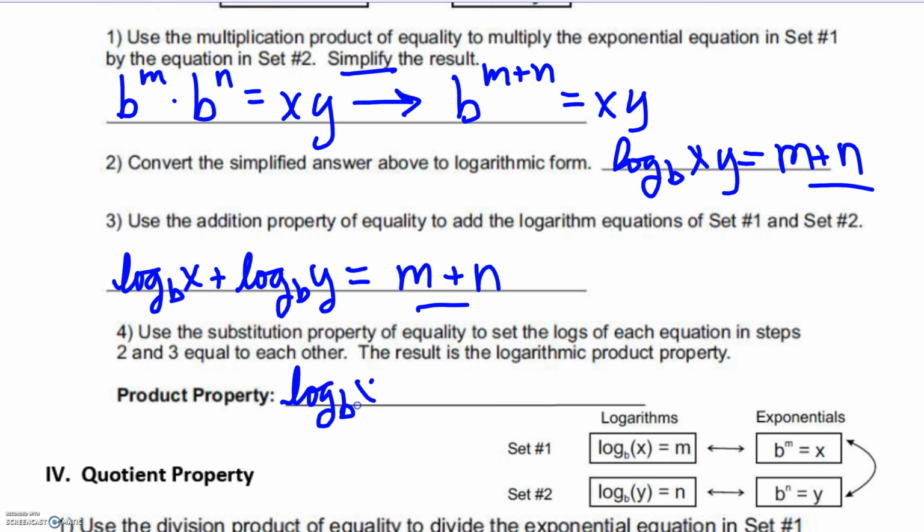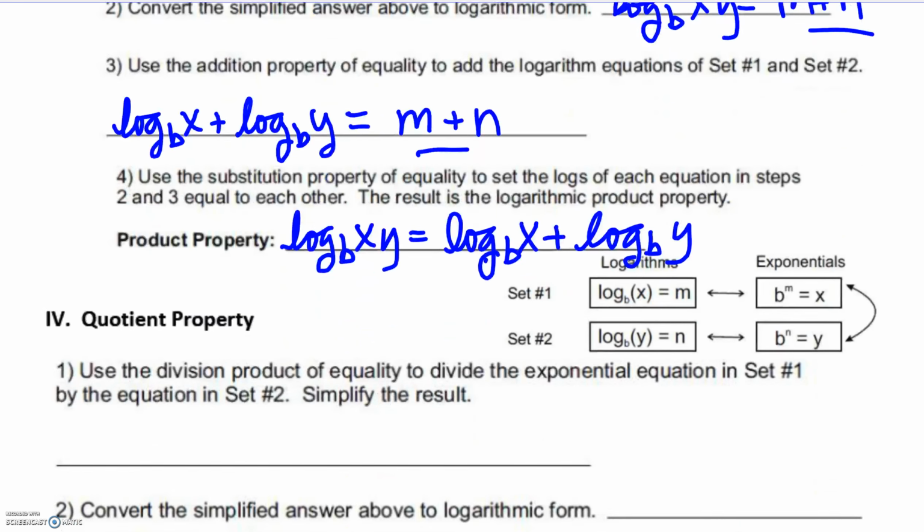Log base b of xy equals log base b of x plus log base b of y. There's your product property. When you're taking the log of a product, you can break it up into the sum of two logs as you see there.